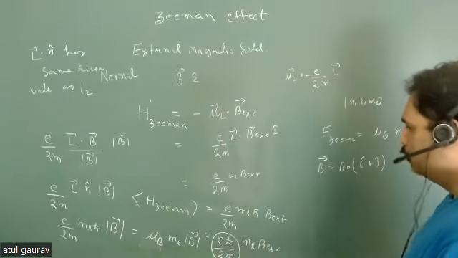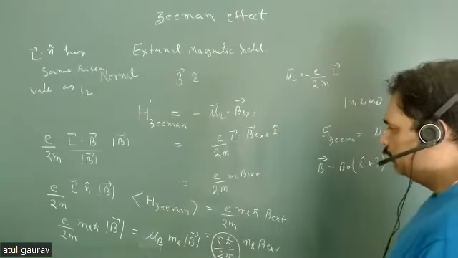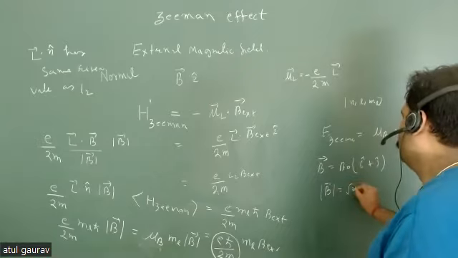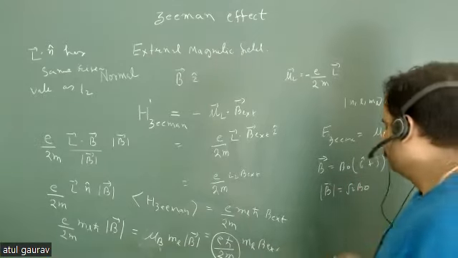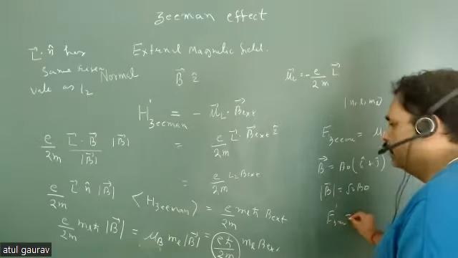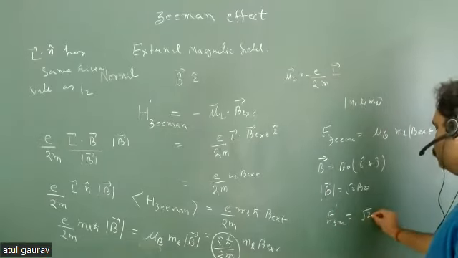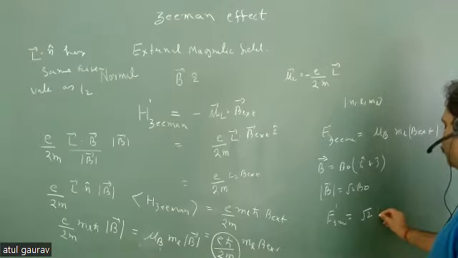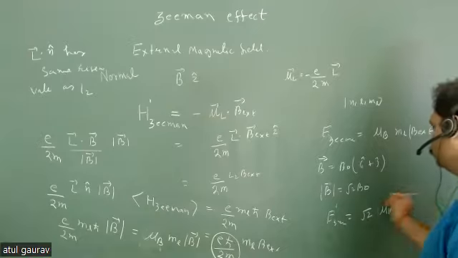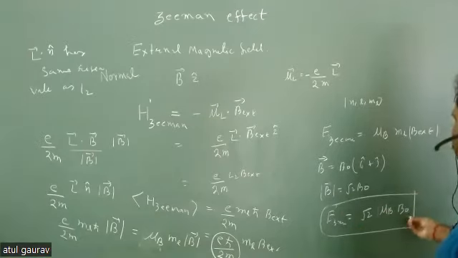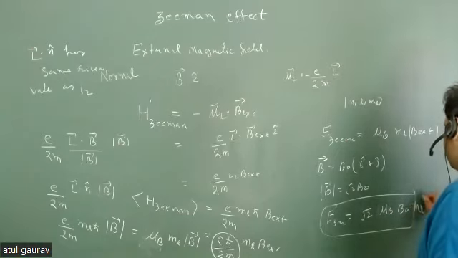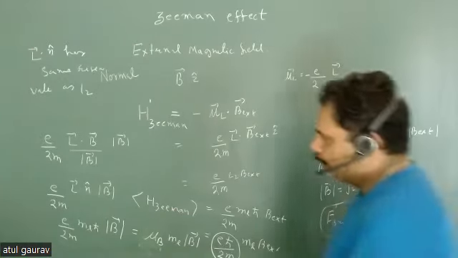Sir, √2 B_0. Yes, mod B is equal to √2 B_0, so E_Zeeman for one level is √2 μ_B B_0 times m_l.